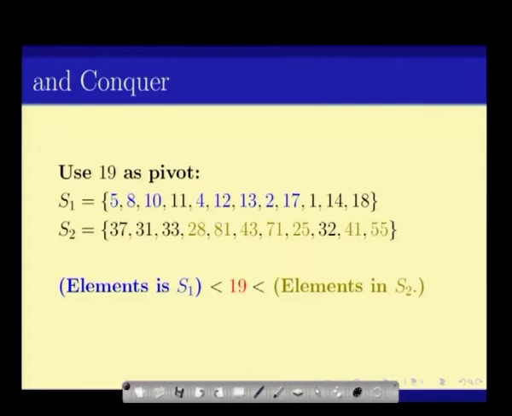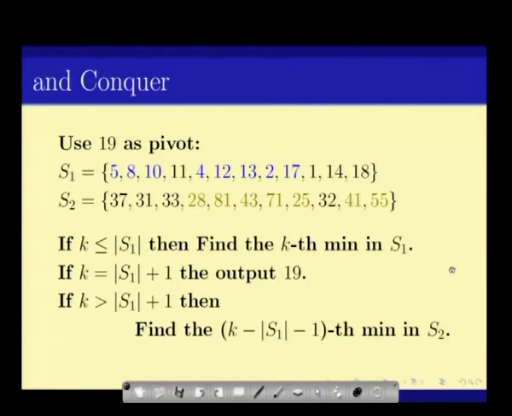Note that S1 and S2 have this property that all the elements in S1 are less than 19 and all the elements in S2 are greater than 19. So, if we are looking for the kth minimum and if k is less than the size of S1, then clearly it must be found inside S1, because the number of elements less than 19 is more than k.